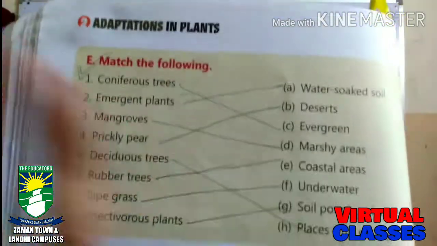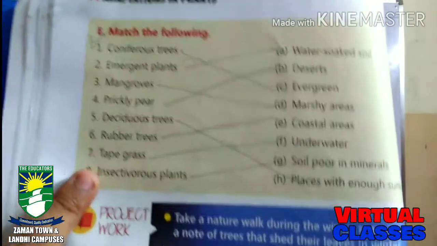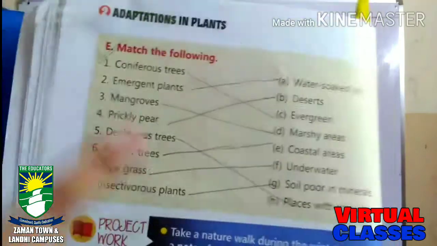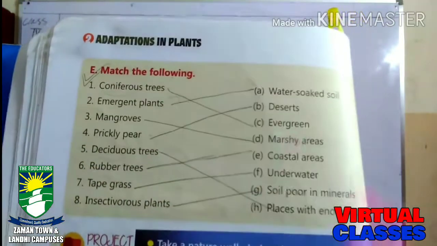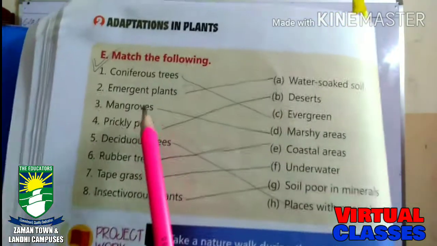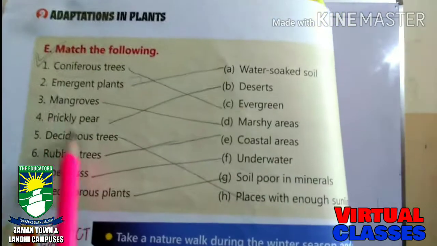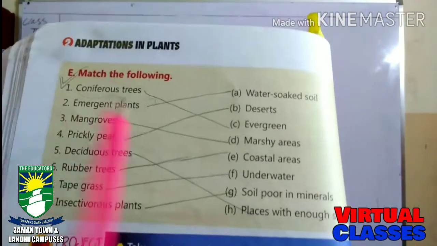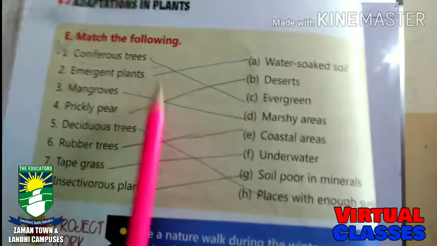I am just giving the sample of how you will solve, but you have to read the lesson, read the topic by yourself, and solve it by yourself. Emerging plants, now you will write over here which one you will match with it. Mangroves, if you are thinking in marshy areas, you will match with it. Then prickly, now you have another remaining one, river trees and the insectivorous, you will match by yourself.